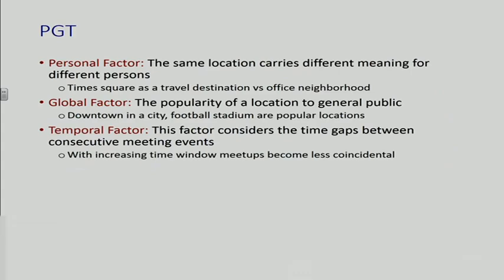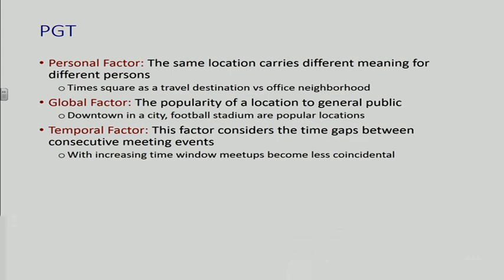So to determine the mobility relationship between users, this work utilizes three factors: personal factor, global factor, and temporal factor. The personal factor essentially tries to capture the following concept: the same location carries different meaning for different people. For example, while Times Square is a really popular tourist destination, it can be an office neighborhood for some people, right? Then the global factor tries to capture the popularity of a location to the general public.